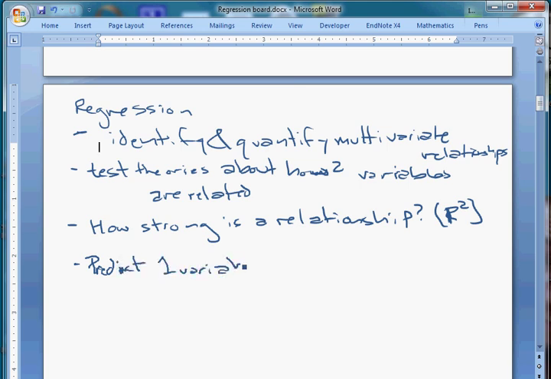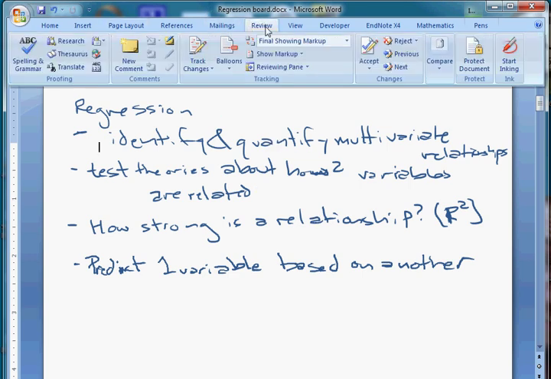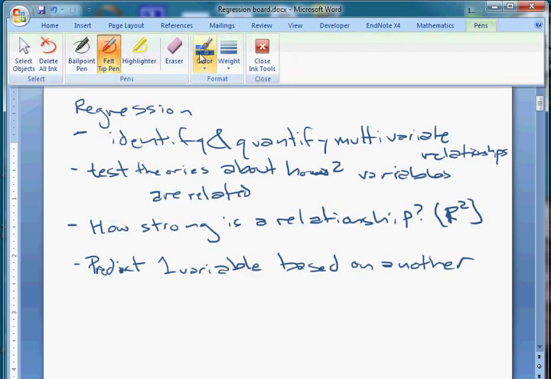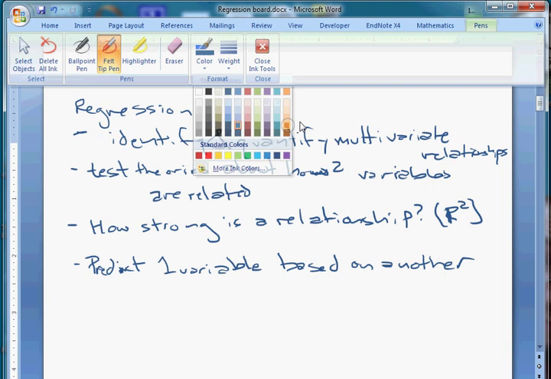So for example, if you want to do cost estimation, you might take all the things you know about a product and relationships that you've identified historically, and then build a model, and then use that model to predict what is likely to happen in the future. All right, I'm just going to change colors just for the heck of it. So let's see. There we go.